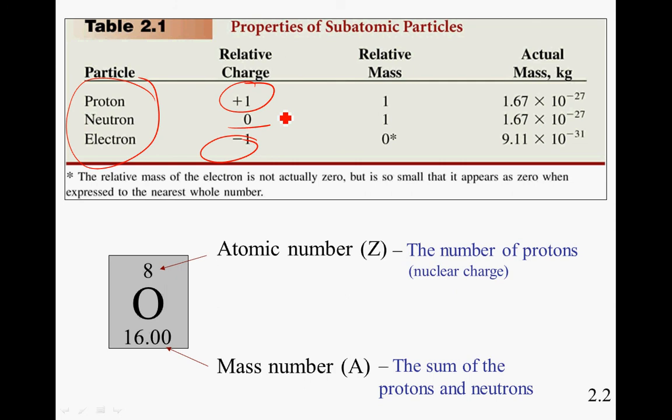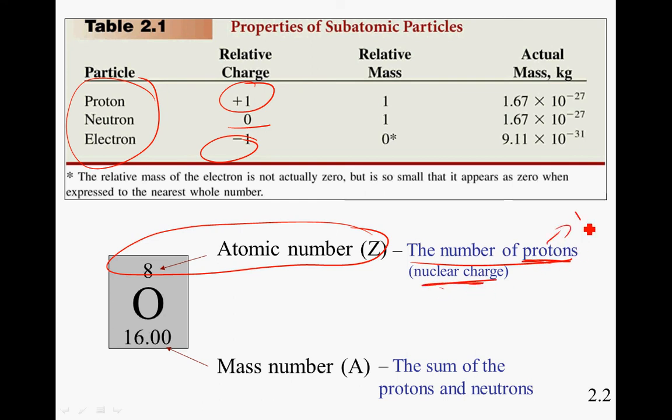Neutrons don't have a charge at all. These three particles will allow us to predict reactivity of the atoms. The atomic number, which is written on the periodic table, is the number of protons. Since protons are in the center and protons are positive, that also tells us the charge of the nucleus.